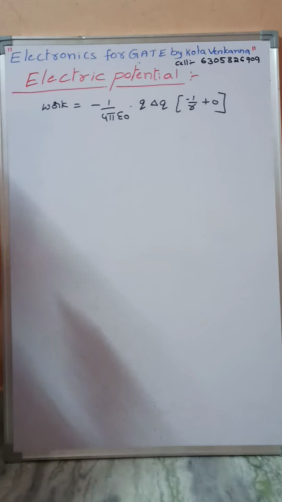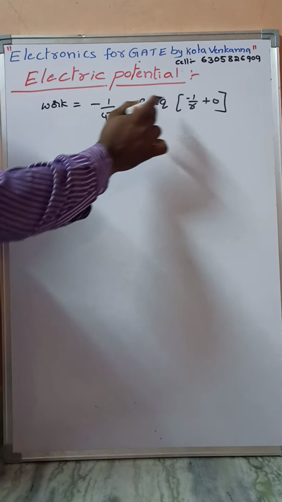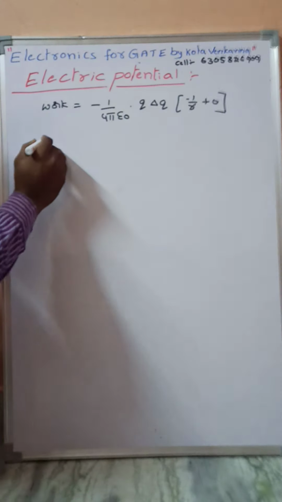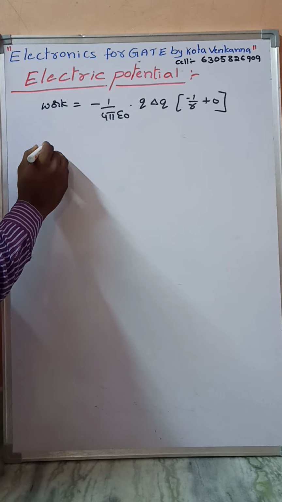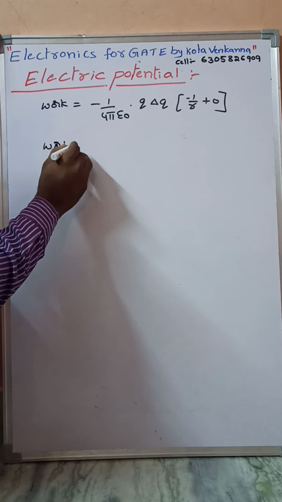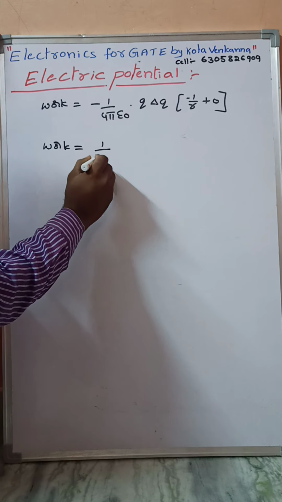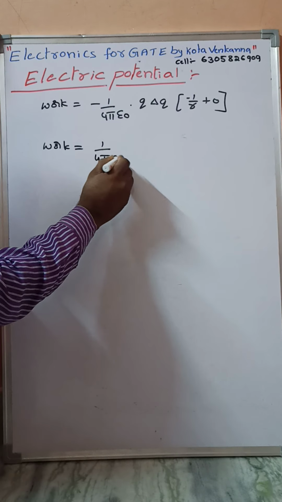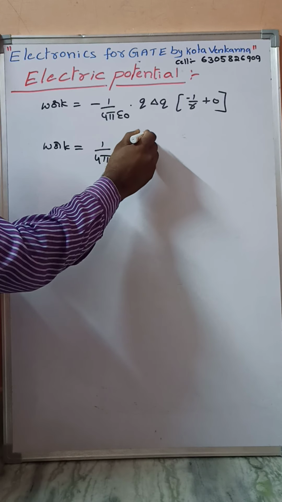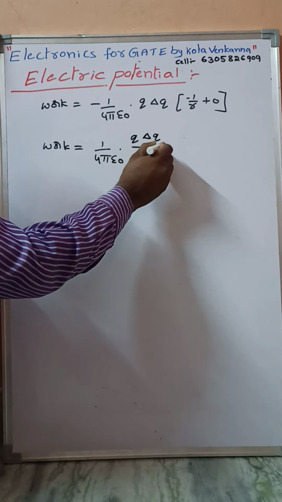So then it is written as minus into minus plus. So that's why work is equal to minus into minus plus 1 by 4 pi epsilon naught q del q by r.